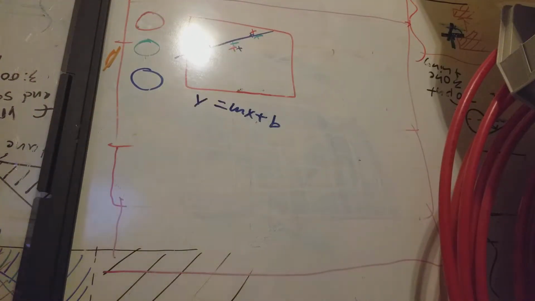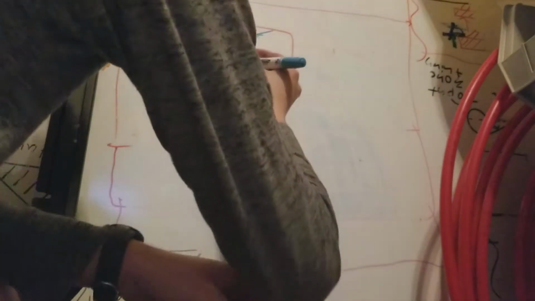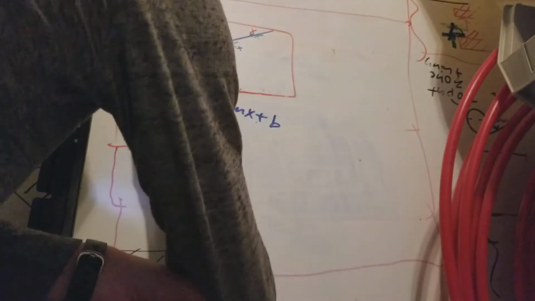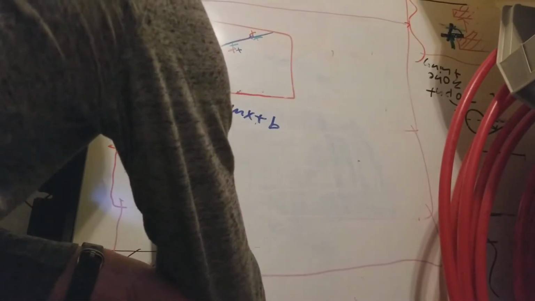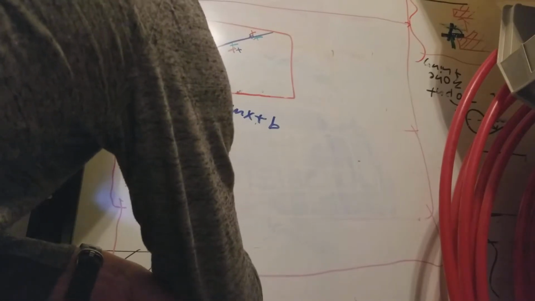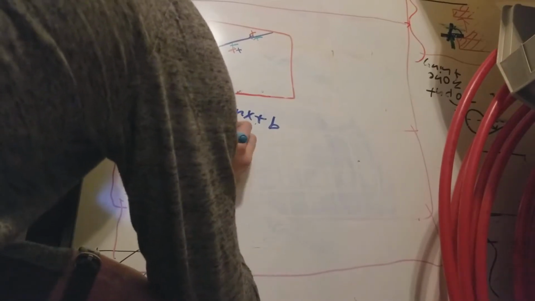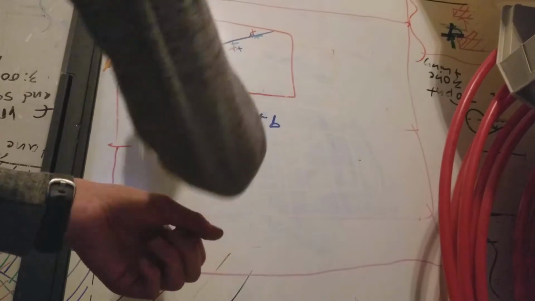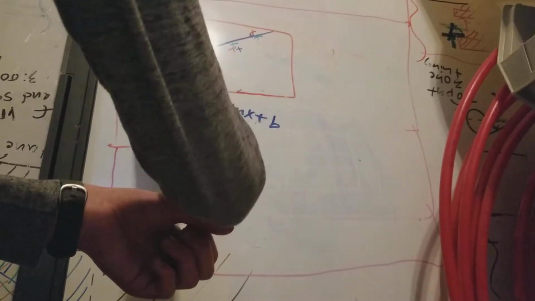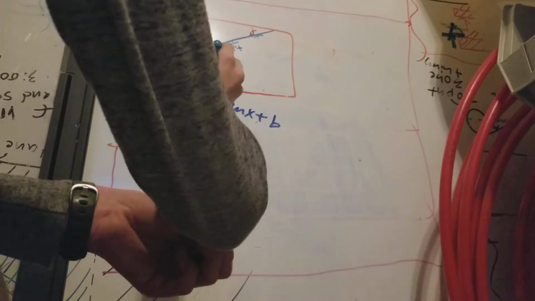So now, the next step will be to calculate a third point. This will be the average of all their x and y coordinates that we get.